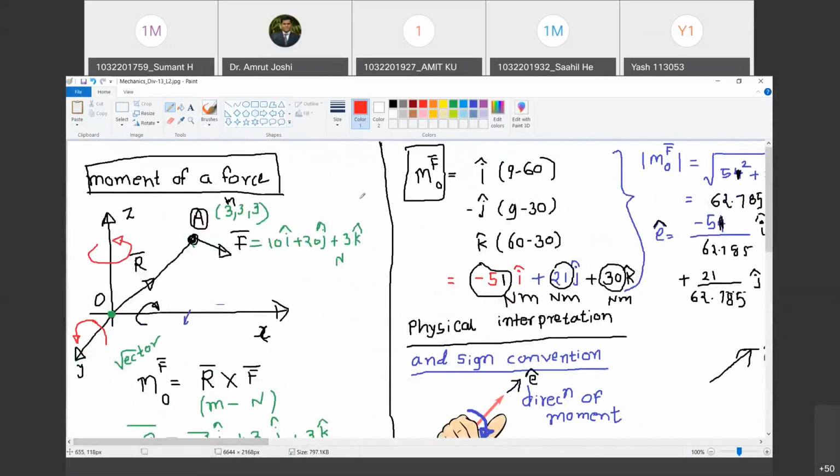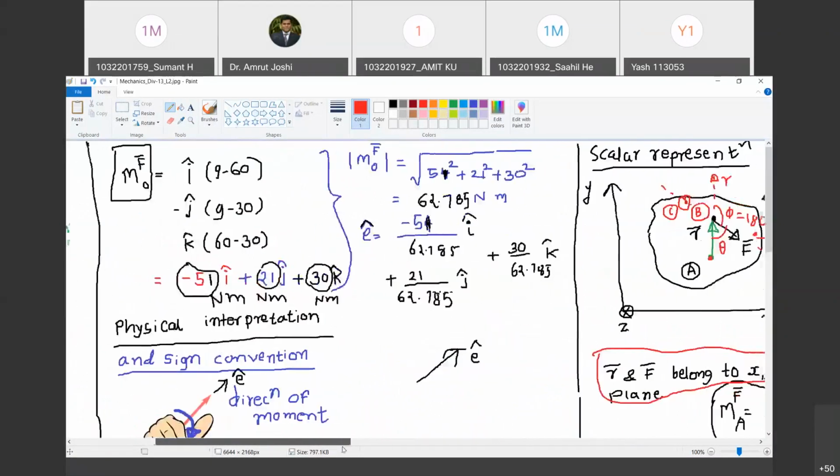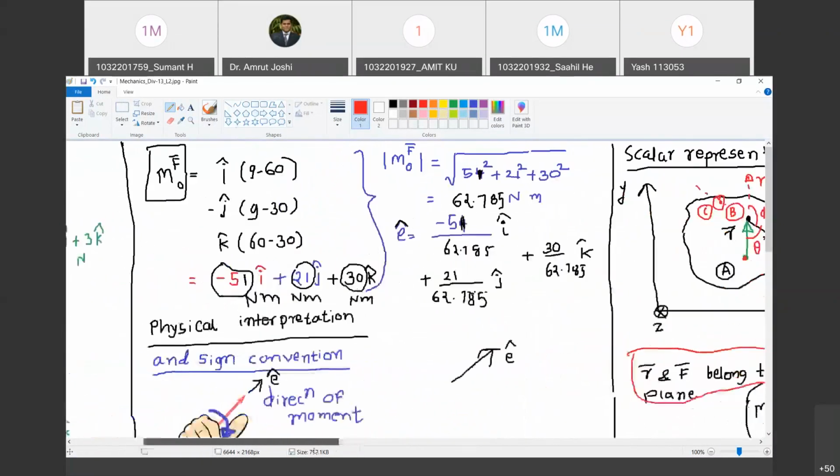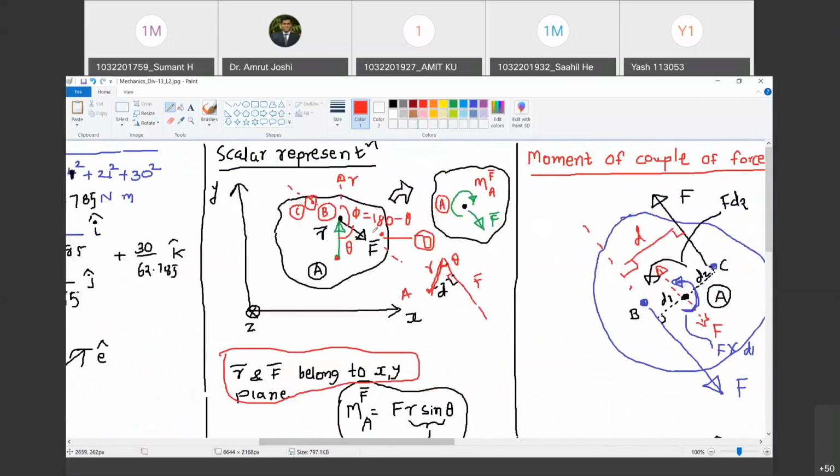Moment of a force in general is given as r bar cross f bar. Are you with me? Then in its scalar notation, moment of a force can be written as force multiplied by the perpendicular distance between the point where you are calculating the moment and the line of action of force. Are you with me?